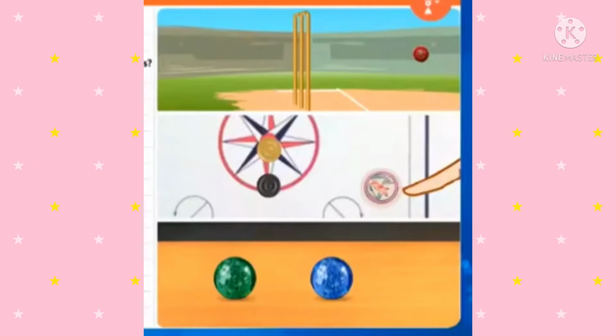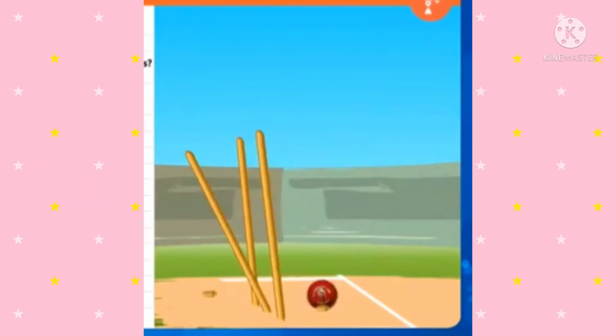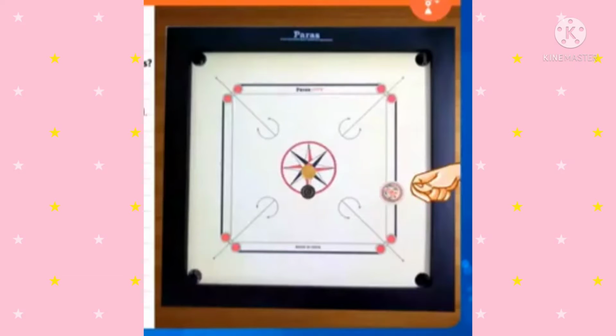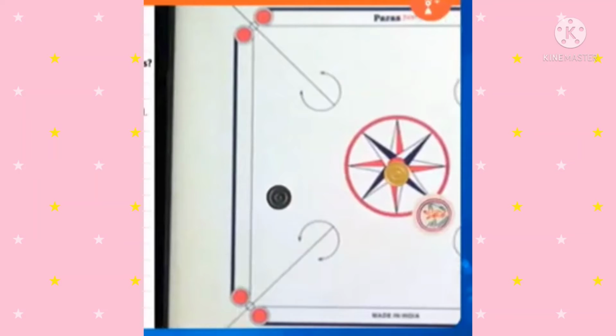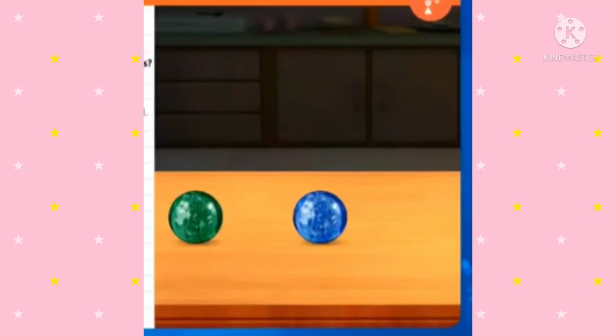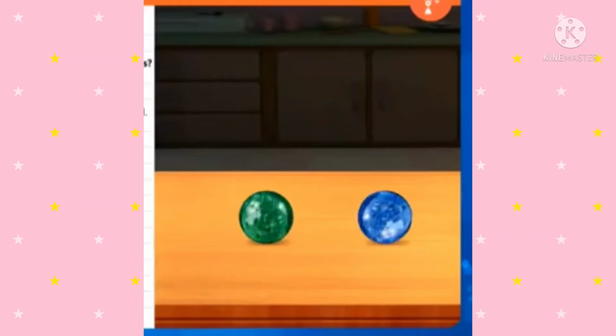What will happen in the following cases? Observe the figure carefully. A fast cricket ball strikes the stumps. The striker hits a coin on the carom board. One marble strikes another in a game of marbles.